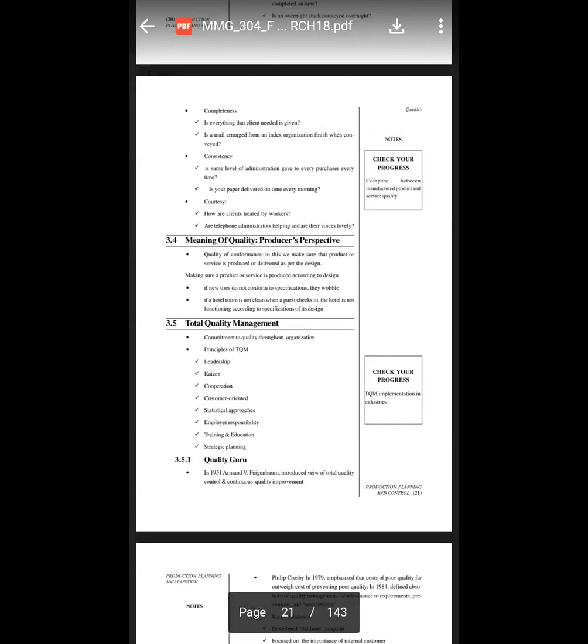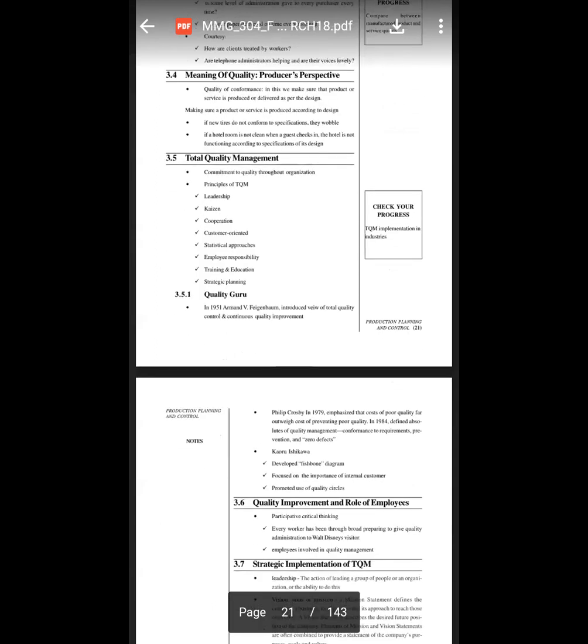Now the next thing we are going to see is total quality management: commitment to quality throughout the organization. They have given a few principles of total quality management, such as leadership, kaizen, cooperation, customer orientation, statistical approaches, employee responsibility, training and education, and strategic planning.